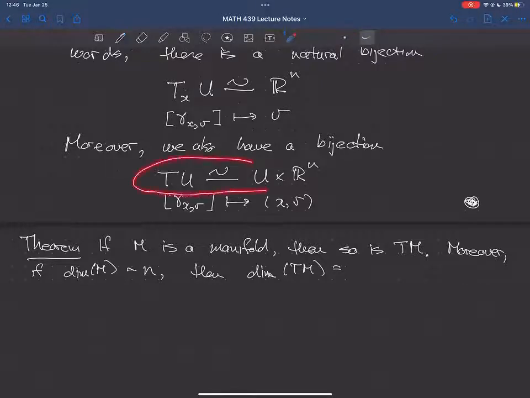Maybe this is a good example to think about to try to guess what the answer might be. 2n is correct, okay? All right.